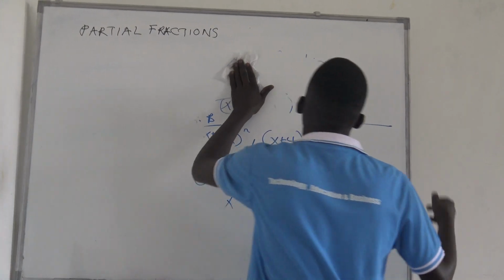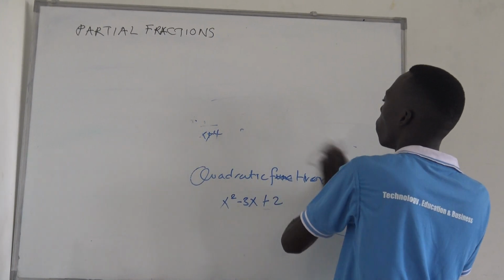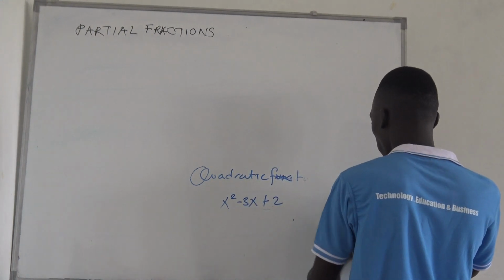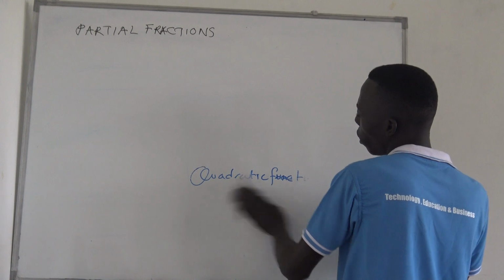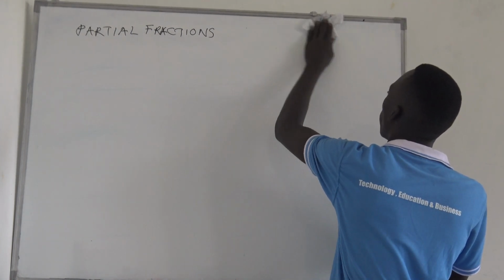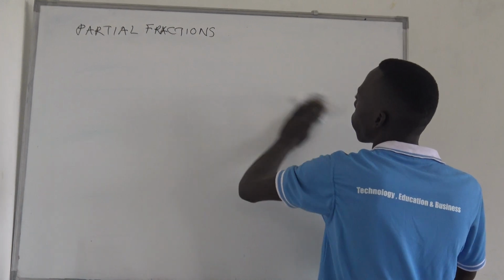So for the examples, we're going to take everything at once. It is up to you to determine whether it is linear or repeated.